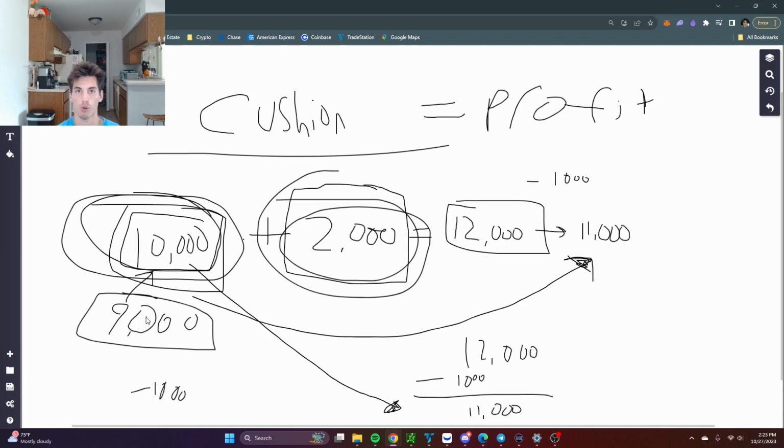And that's why it's so important to build a cushion, because executing just gets way, way easier when you're dealing with profit, not when you're dealing with your own deposits.